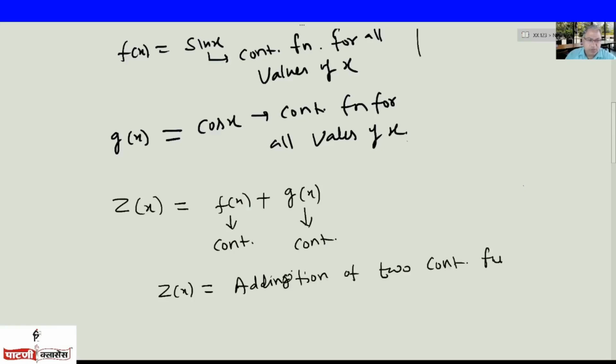So as per the rule, the addition of two continuous functions is also continuous. Therefore, z of x is a continuous function. From this example, it is clear that whenever you have two continuous functions at a particular value of x, their addition is also a continuous function.